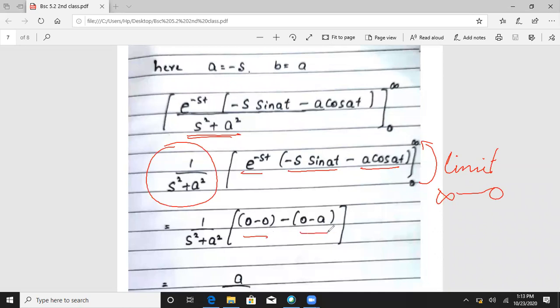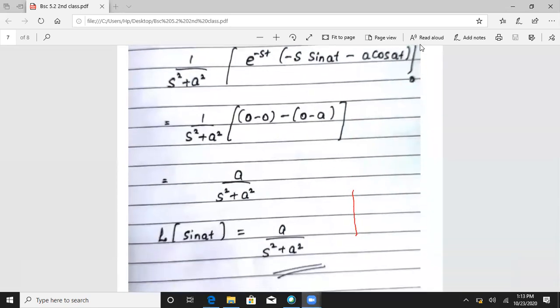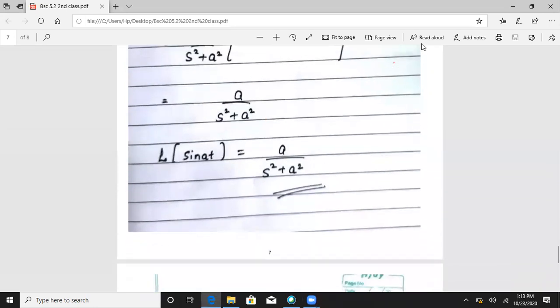When we simplify this function, we will get a divided by s square plus a square. Our standard result is L of sin at is equal to a divided by s square plus a square. This is the Laplace transformation of sin at.